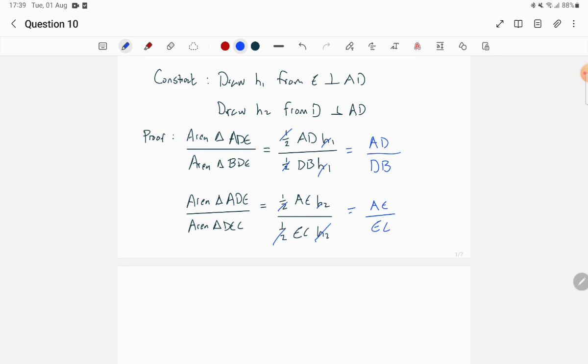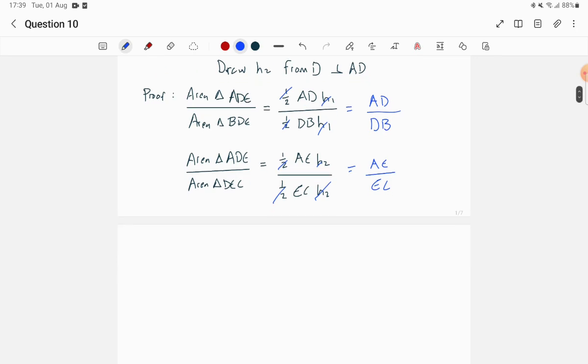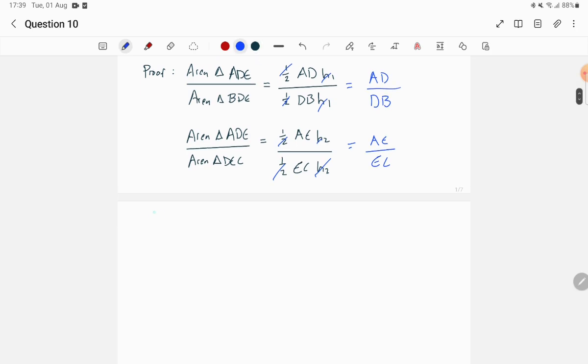So what we can conclude from this calculation is the fact that the area of triangle BDE is equal to the area of triangle DEC. And the reason for that is they have the same base and the same height.